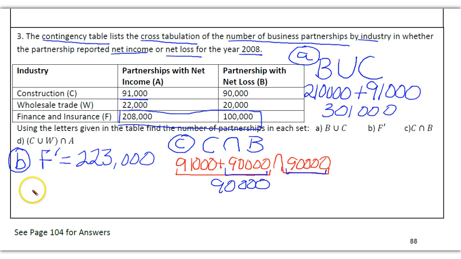And then we have our last one that we've worked on before, this type, C in union with W in parentheses. So we have to do this first, and it's going to intersect with A. So we'll do it in pieces.